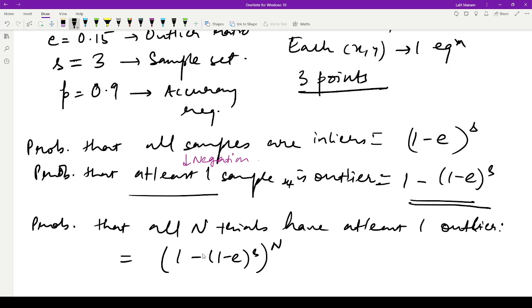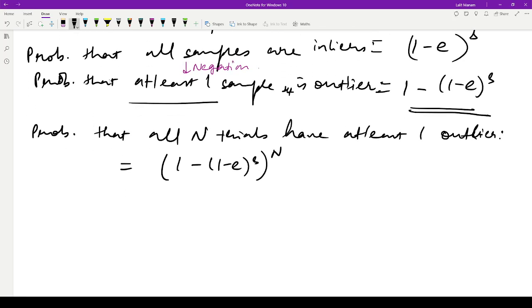Okay, so we have this probability. What if I negate this statement?